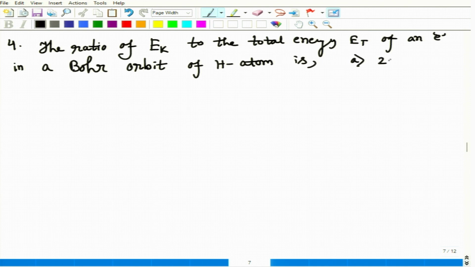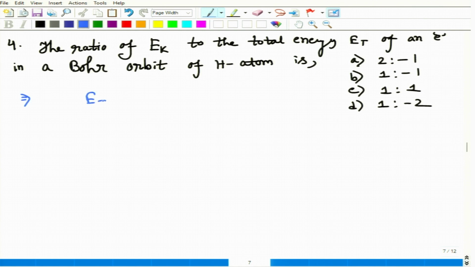A is 2:-1, B is 1:-1, C is 1:1, and D is 1:-2. Just we have to evaluate this and select the correct option.